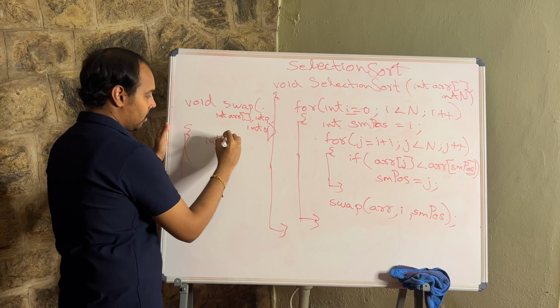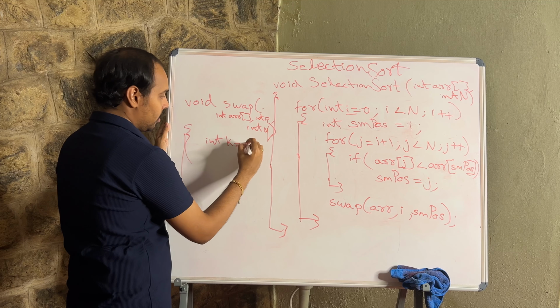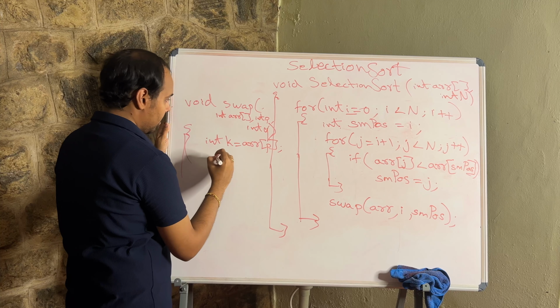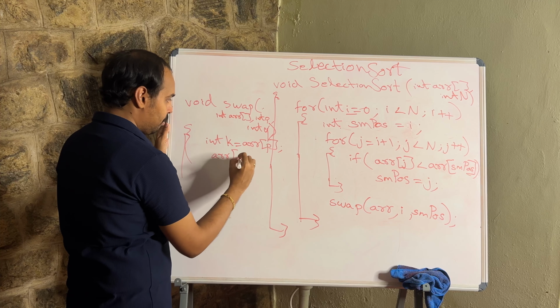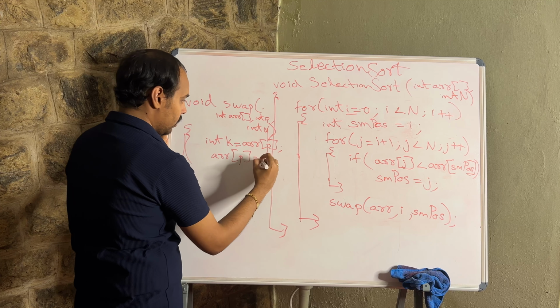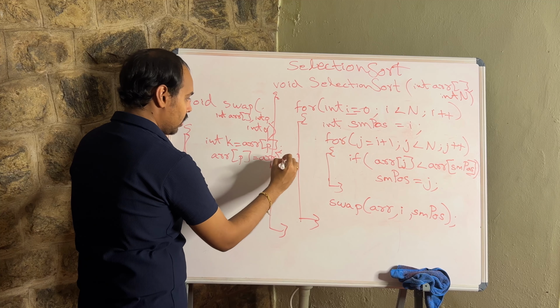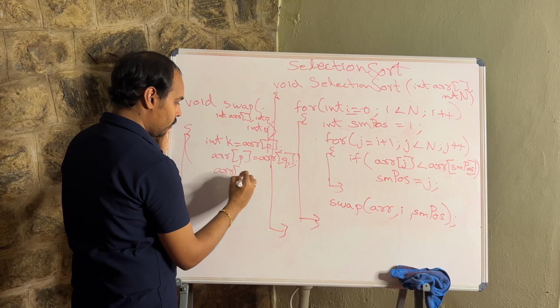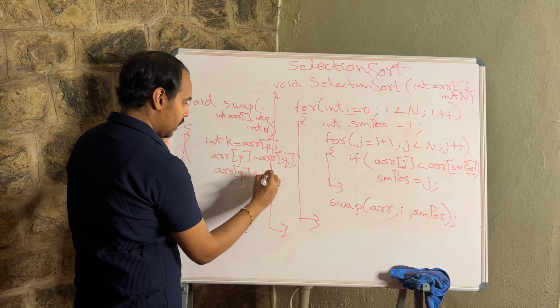Int k equal to arr of p, arr of p equal to arr of q, arr of q equal to k.